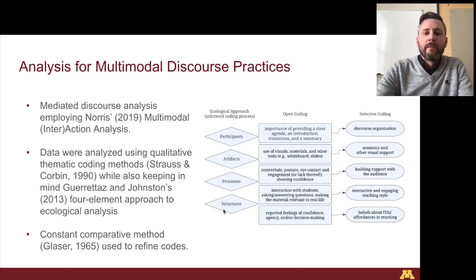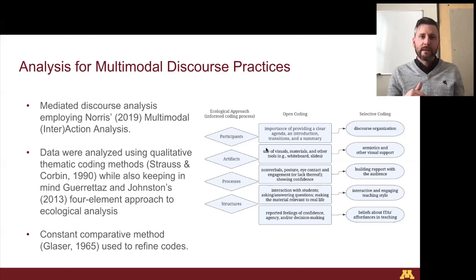So initial coding of the data was informed by thinking about these different elements of the classroom ecology that do have an impact on the language that's carried out in classrooms. And then also by my previous understandings of ITA programs and the research I had done prior to this study.